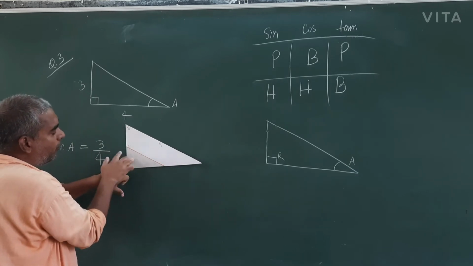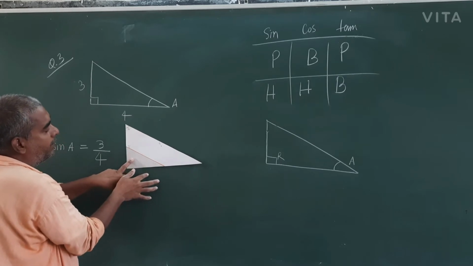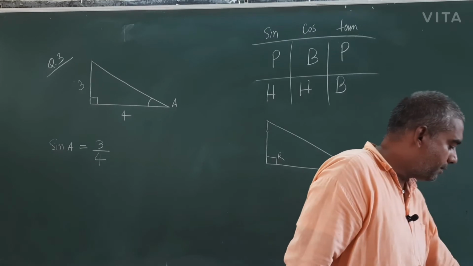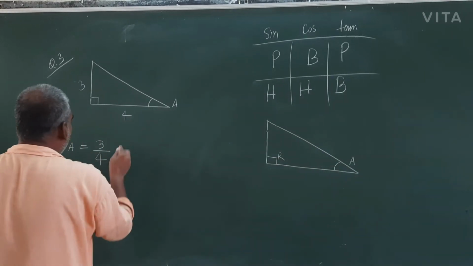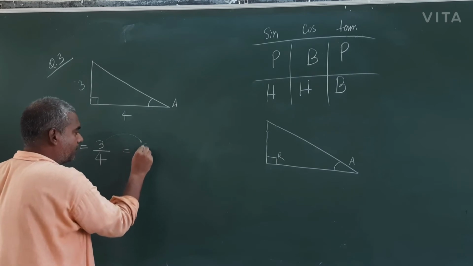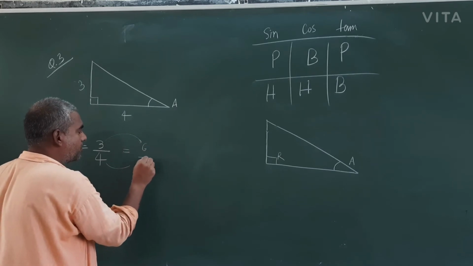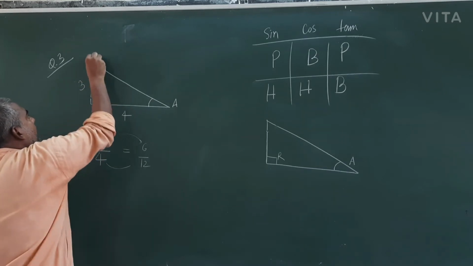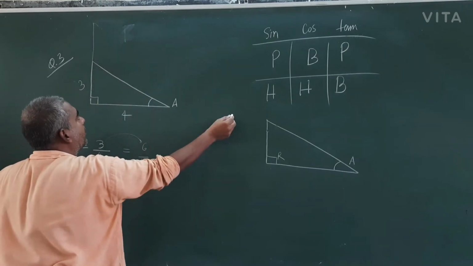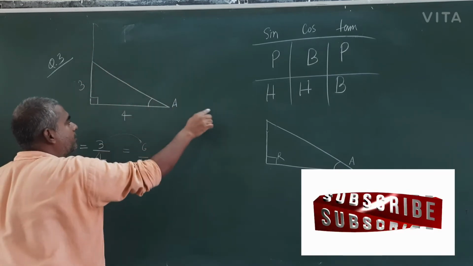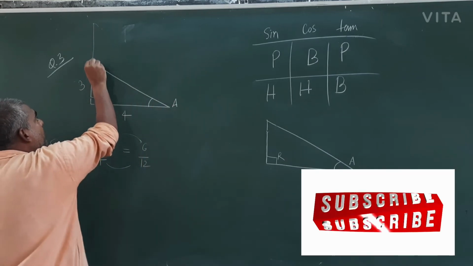So 3 upon 4 is given. Ratio means what? It may be 3 upon 4. It may be 3 times 2 is 6, 4 times 2 upon 12. This 3 doubled and this 4 doubled. It may be half of this also, means similar triangles will be there. The same ratio will be there.